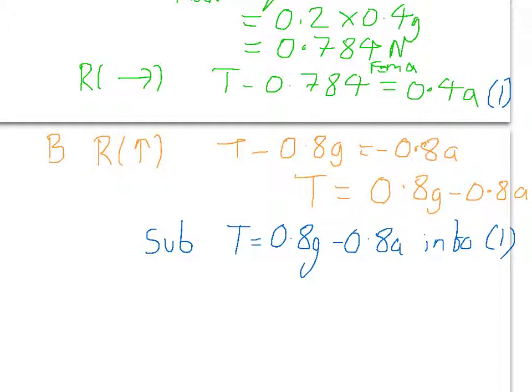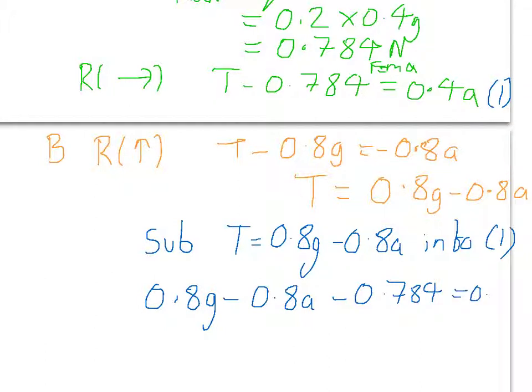So number 1 now becomes, instead of T, 0.8g minus 0.8a minus 0.784 equals 0.4a. All we need to do now is collect together the a's on the right hand side, so that'll be 1.2a because it's minus 0.8, so we're going to add it.